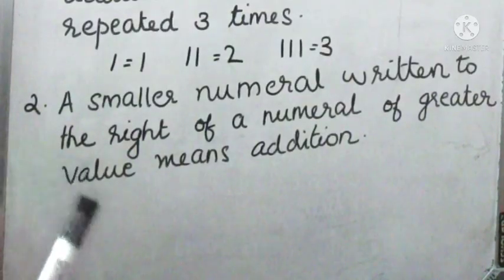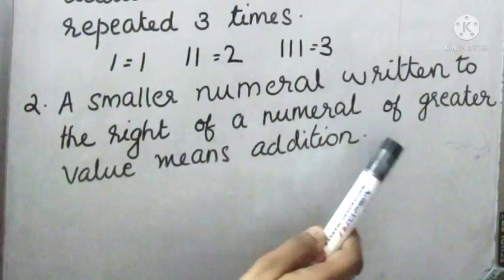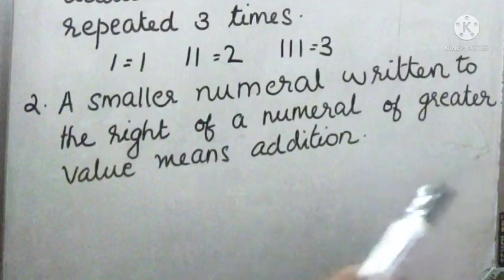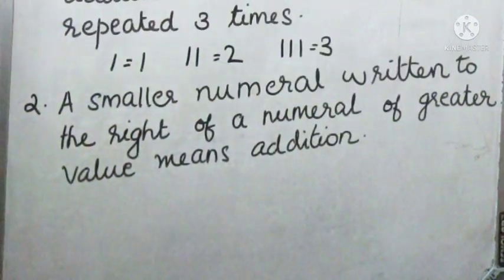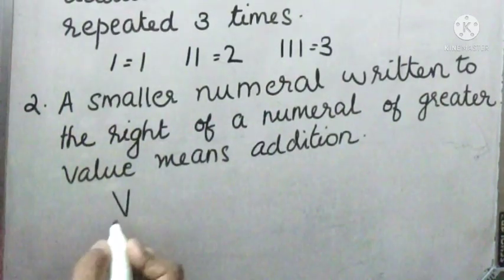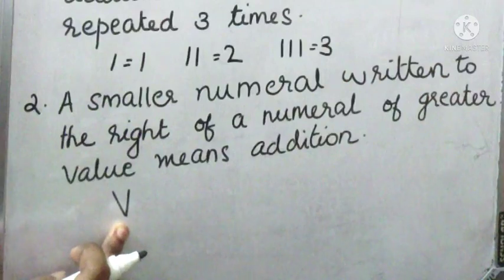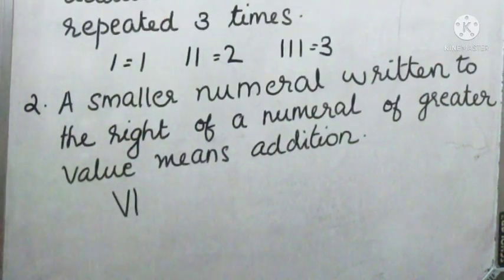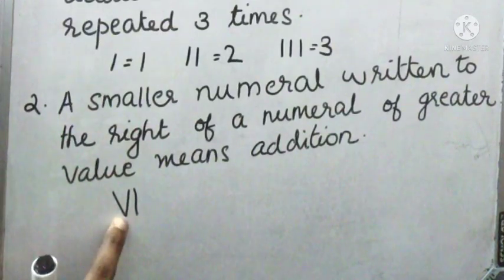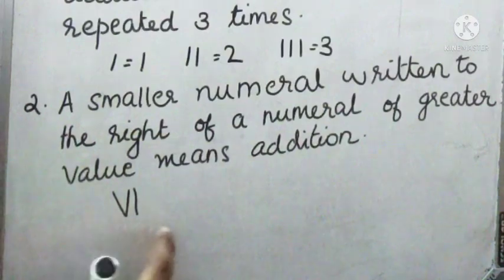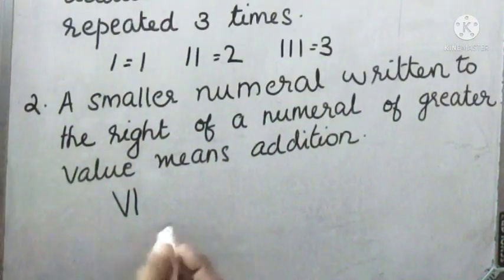Next is rule number 2. A smaller numeral written to the right of a numeral of greater value means addition. We know that V represents 5. When I is added to the right of V, it means 5 plus 1, that is 6.